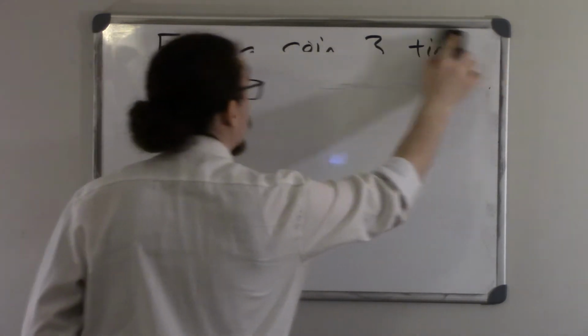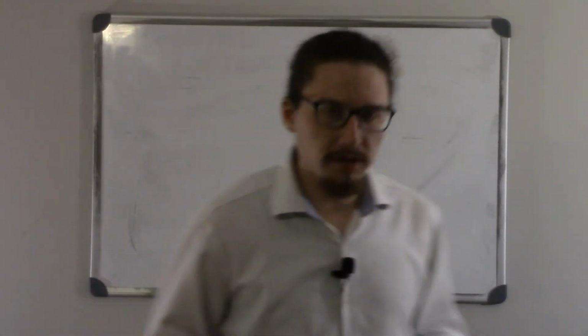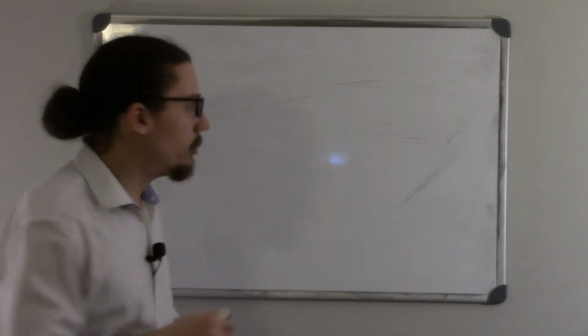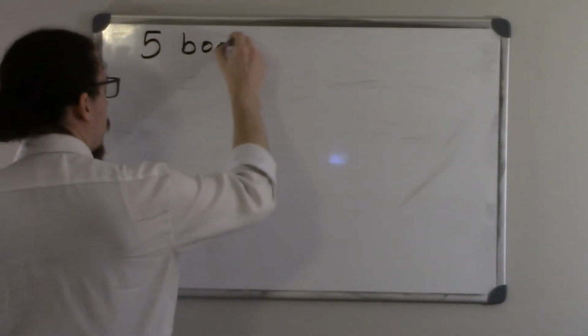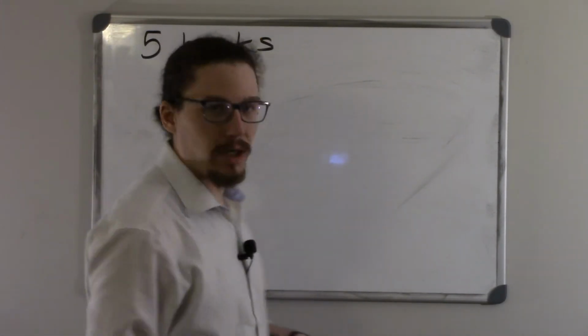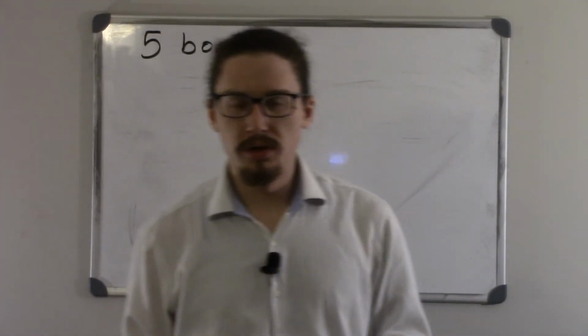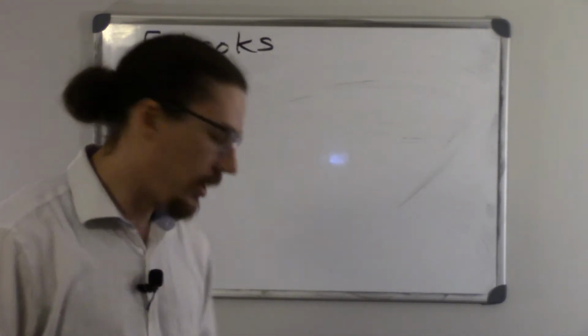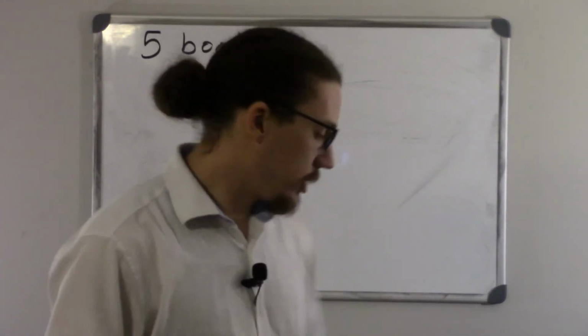The next one I took straight from your book because I quite liked it. You've got 5 whole books, and you're going to place these books on a shelf. You want to know how many ways you can place these books on the shelf. To find this out, we can use our fundamental counting principle.